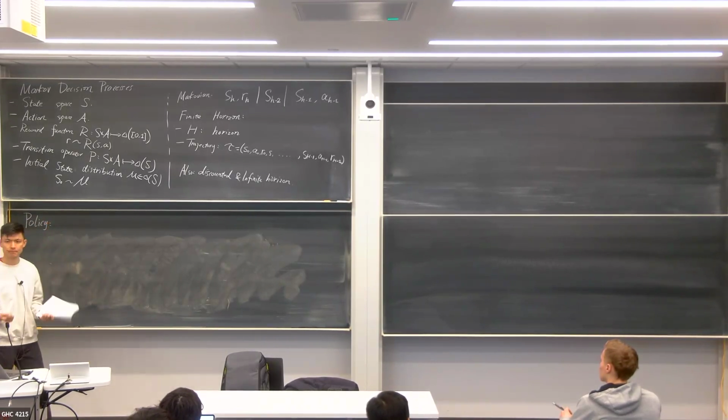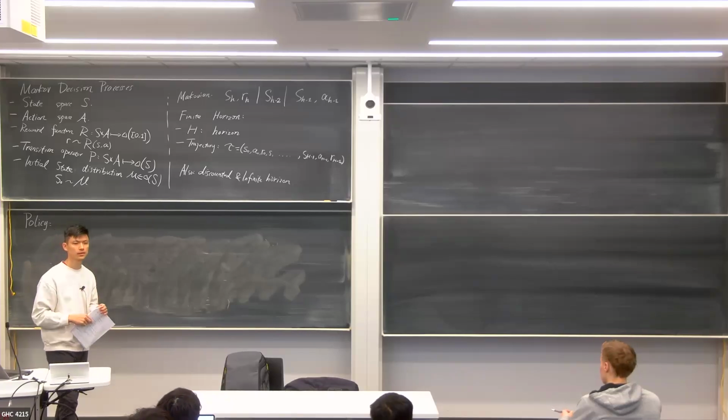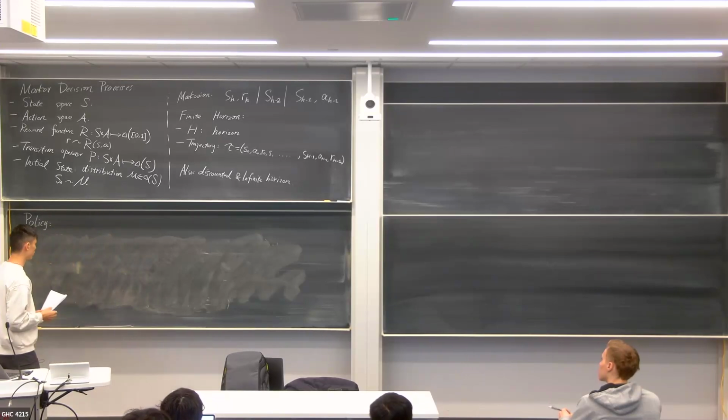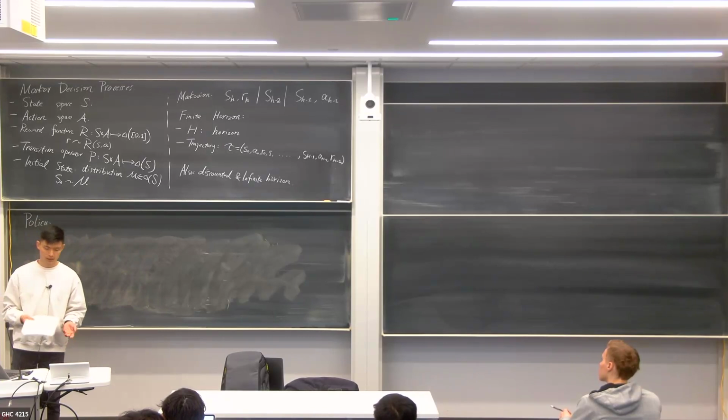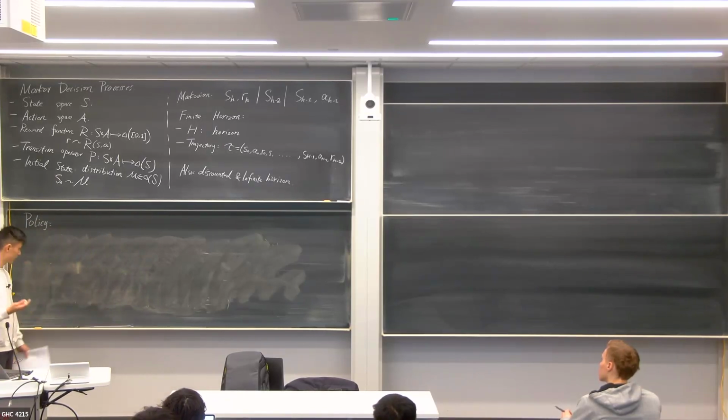What is a policy? From the states to the probability distributions of actions. Yeah, so your answer is a mapping from state to probability distribution of actions. That's a valid definition. That would be the kind of policy we care about.